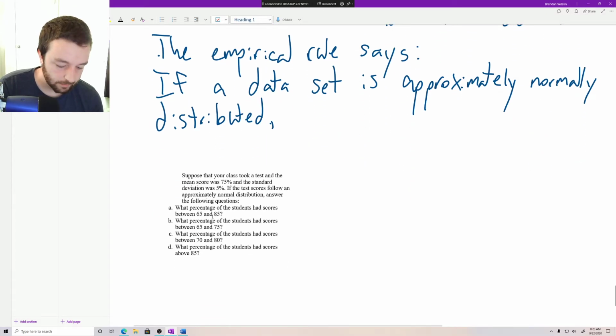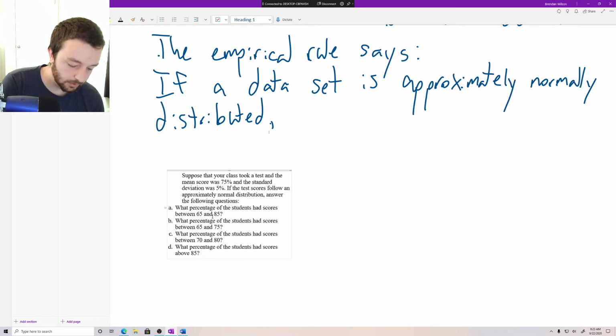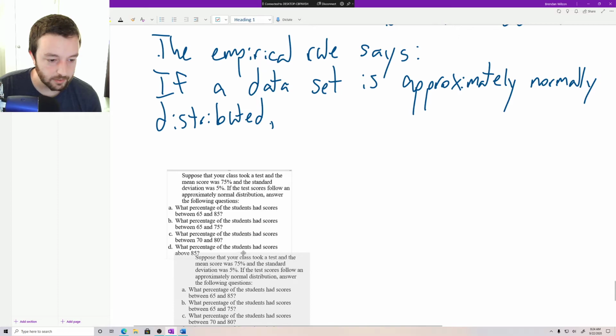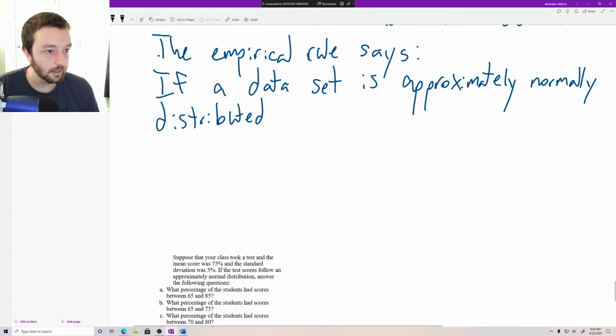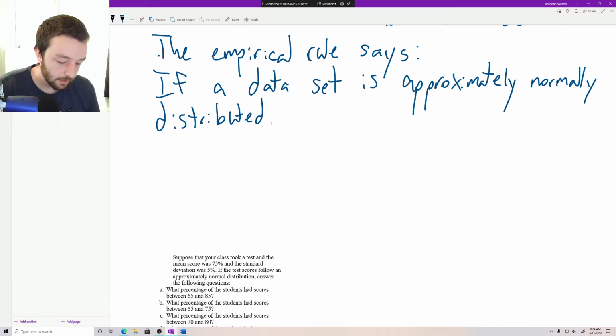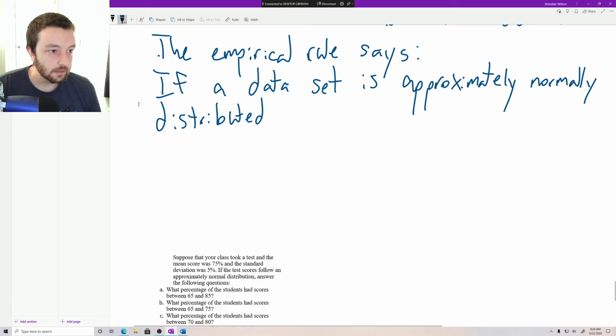Well, if we wanted to know whether something was truly normally distributed, we couldn't really do that by looking at a sample. We would have to look at the entire population. We're typically just looking at a sample, and we can usually only say whether or not it is approximately normally distributed. Empirical means basically what does it look like? So if it looks like it's normally distributed based on our sample, then we can use the empirical rule here.